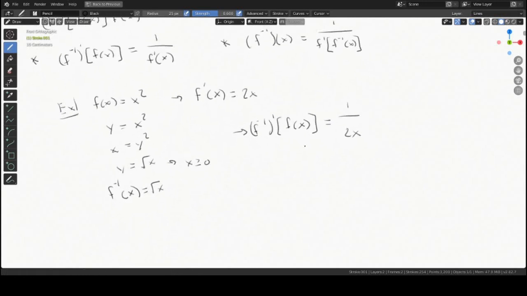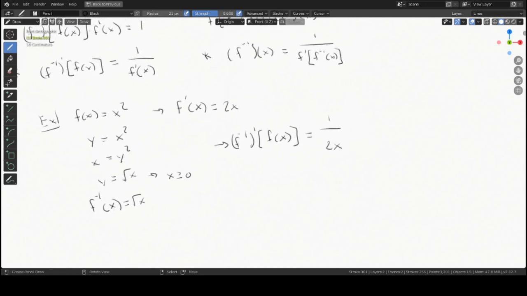Nice. So we also wanted to find f inverse prime of x itself, which is equal to 1 over f prime of f inverse of x, and we already found that f inverse of x is the square root of x.